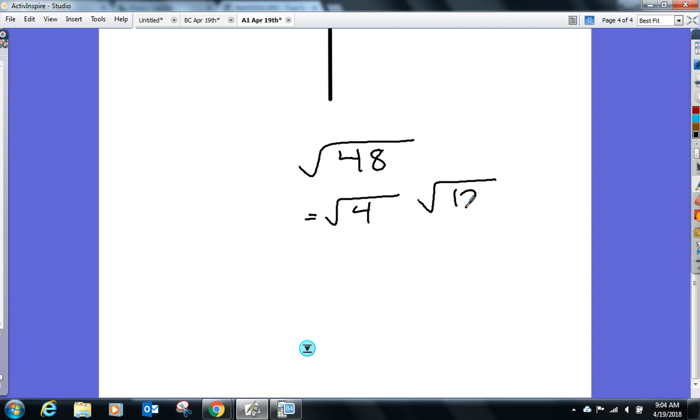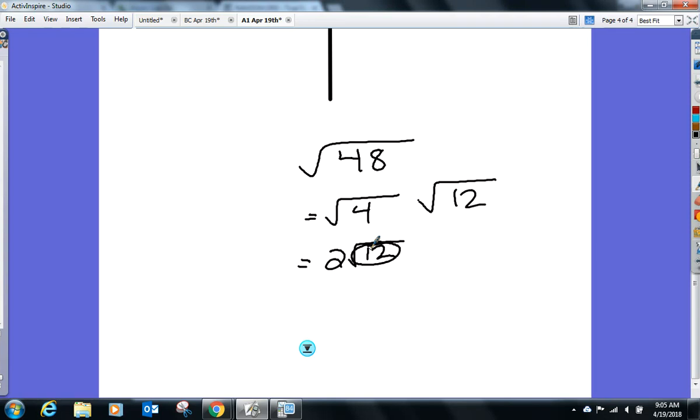Okay, 12. So you say the answer should be 2 radical 12, right? Is there a perfect square that goes into 12? 4 goes into 12, right? So that means whatever's left underneath the radical, a perfect square shouldn't be able to go into it if you picked the biggest one.